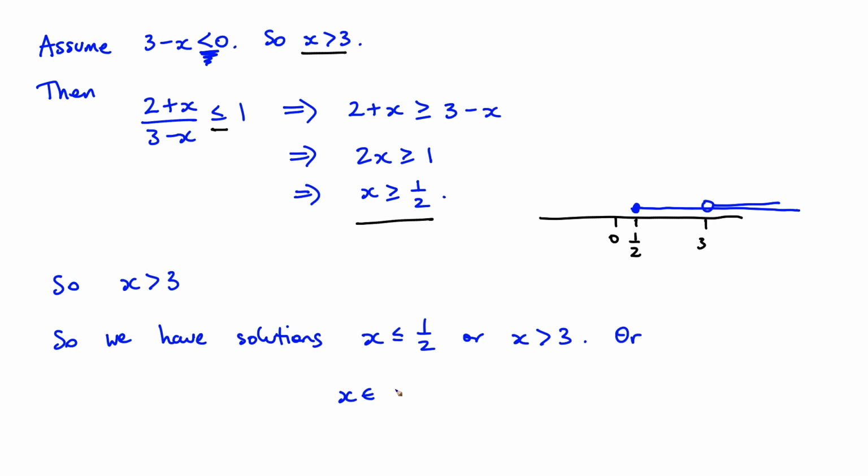So less than or equal to a half, we write as anything from minus infinity, round bracket because we can't actually attain minus infinity, up to a half, square bracket because we include the number 1/2, together with, so this U means union, anything strictly bigger than 3, so we need a round bracket because we're not including 3, all the way up to positive infinity, again round bracket because we can't attain positive infinity. So you can write your final set of solutions using interval notation in the following way.